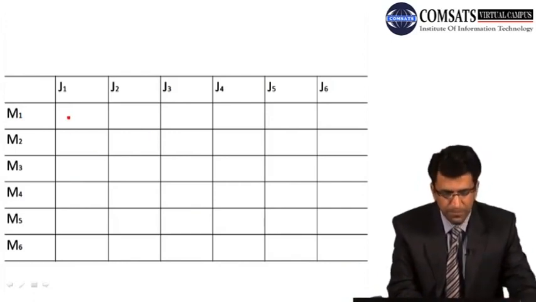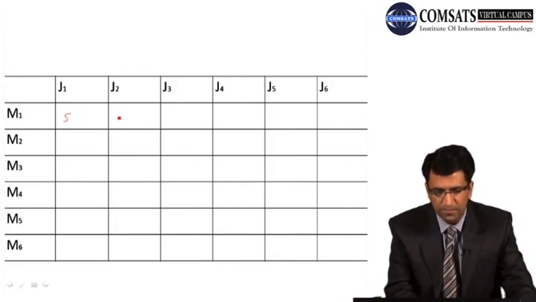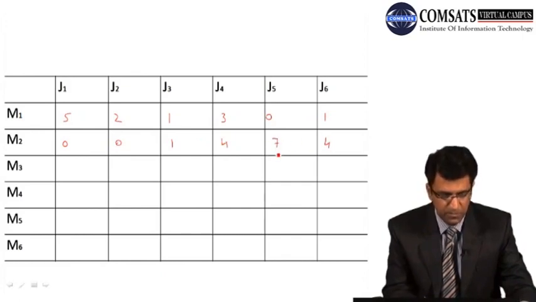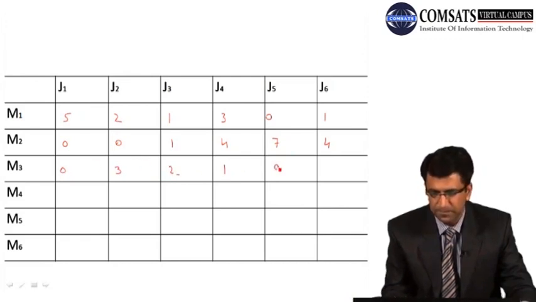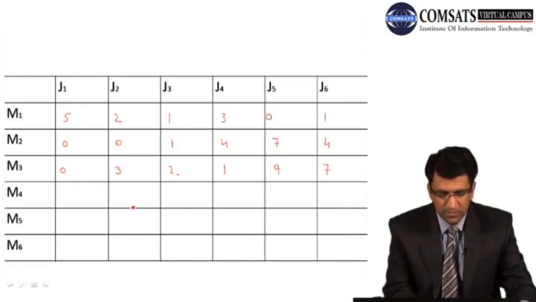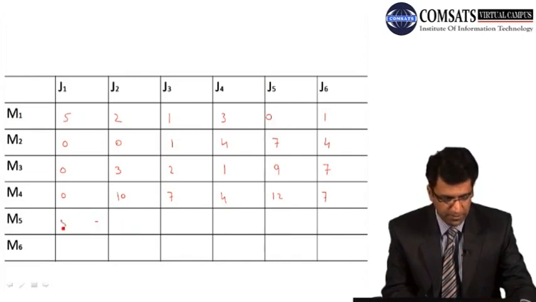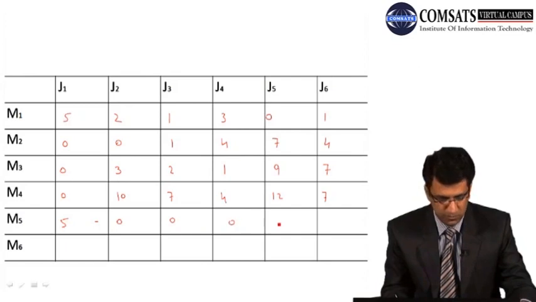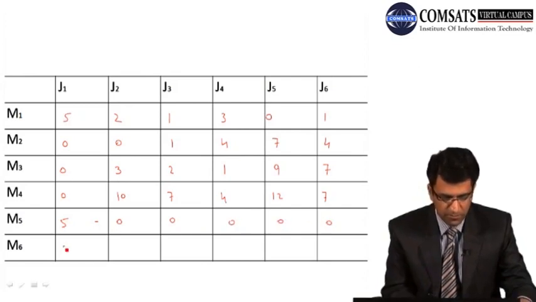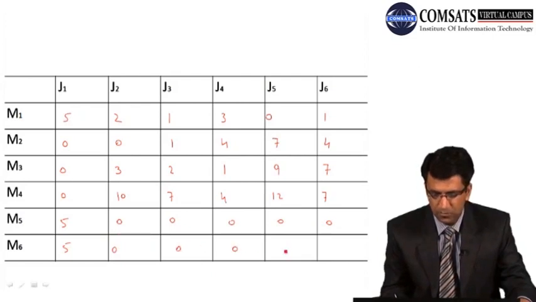Our new table will become: 5, 2, 1; 3, 0, 1; 0, 0, 1; 4, 7, 4; 0, 3, 2; 1, 9, 7; 0, 10, 7; 4, 12, 7; 5 and 0, 0, 0, 0, 0; and again 5, 0, 0, 0, 0 and 0.